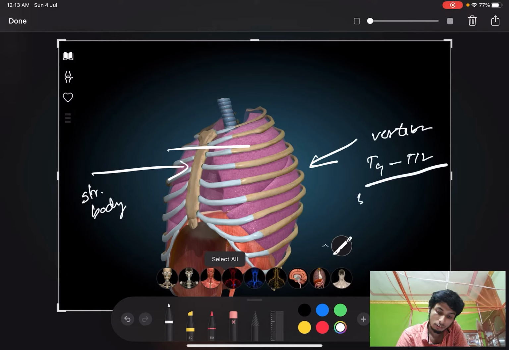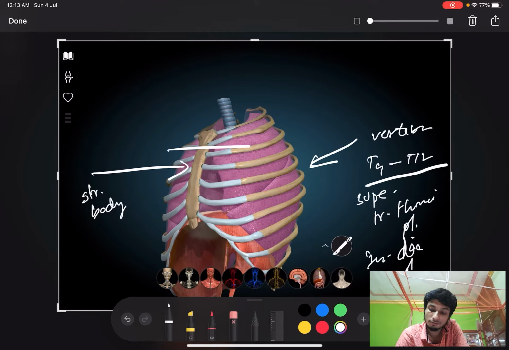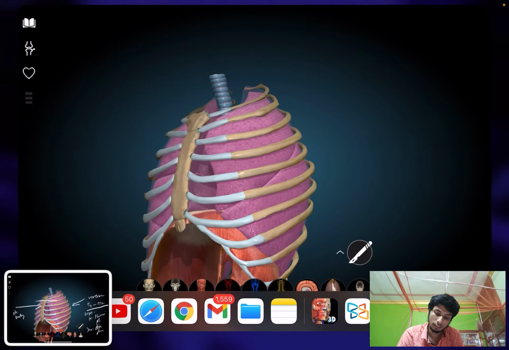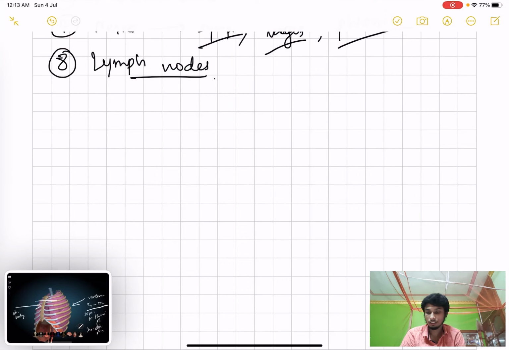Okay, superiorly transverse thoracic plane, inferiorly diaphragm. So now let's study in detail the superior mediastinum.